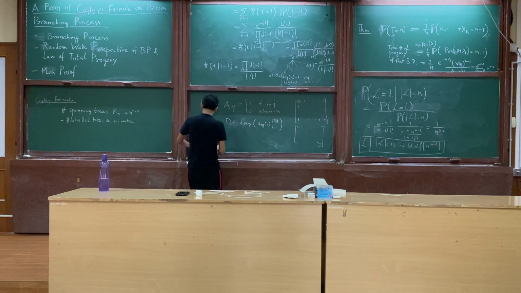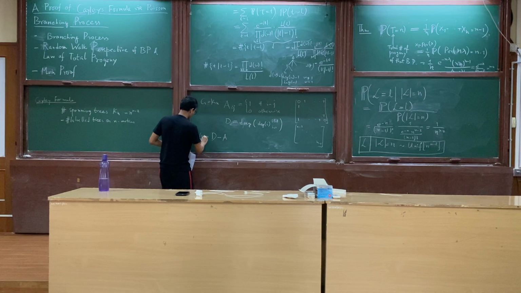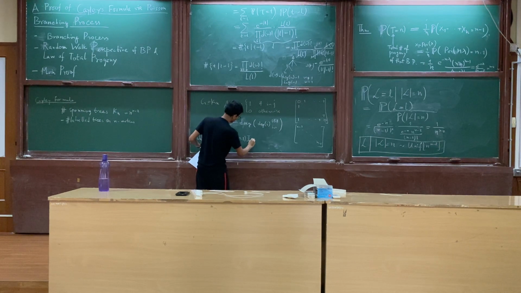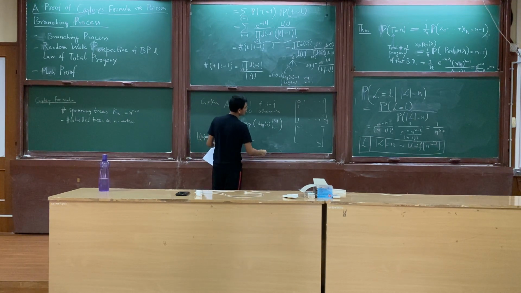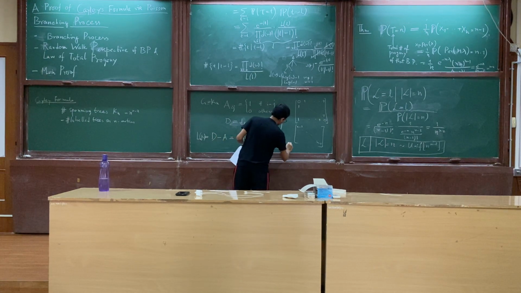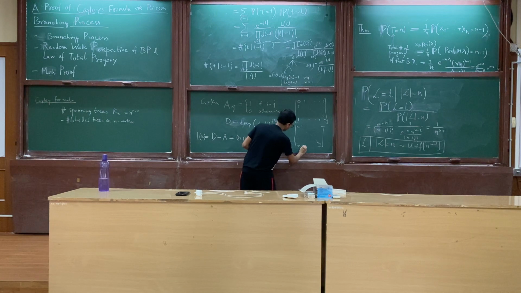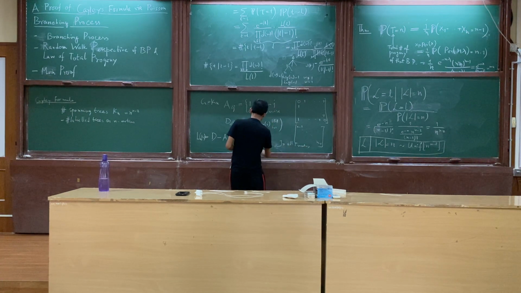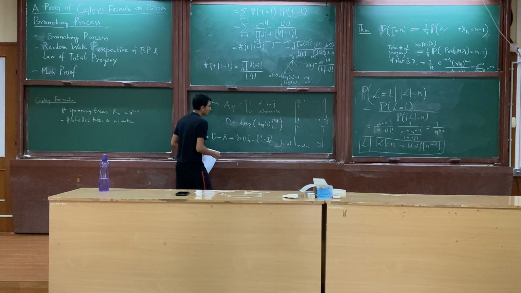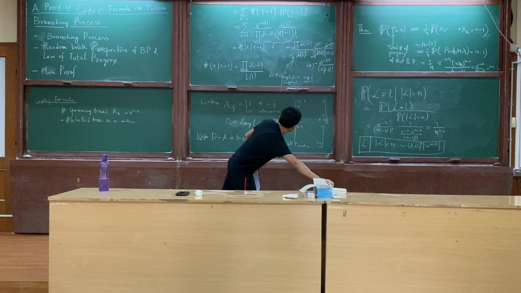So for K_n, this becomes n minus 1 times I_n minus A. Let J be the all-one matrix, that means all entries are 1, then it is just J minus I. How does this look?